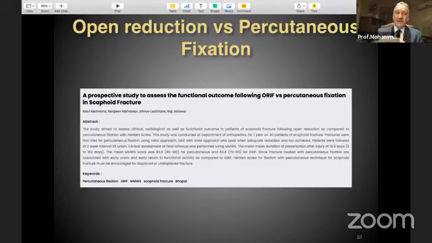You should not be happy that you have 1 K-wire in the scaphoid and it's in the near middle, and then we fix it with a HERBERT screw and squeeze it, and then the scaphoid will end in malunion. You have to have correct anatomical reduction, and then you proceed for the fixation.